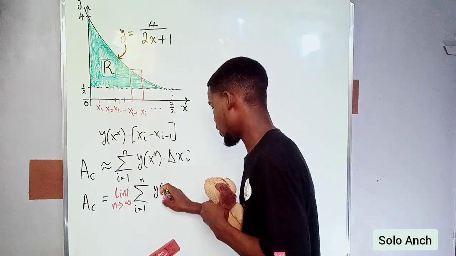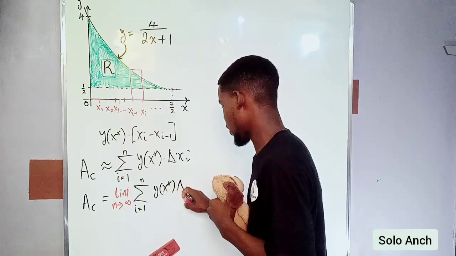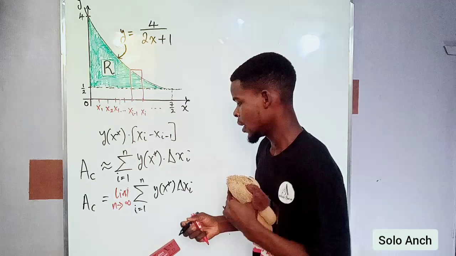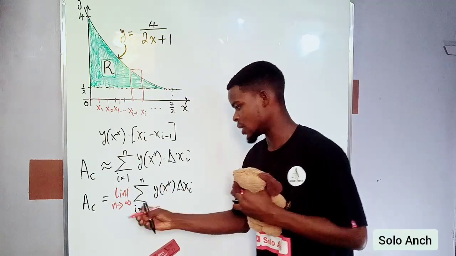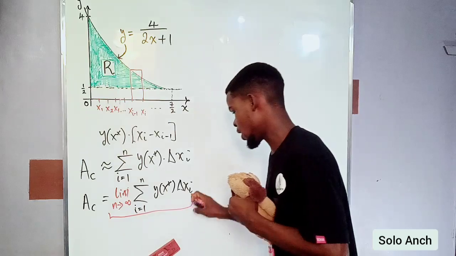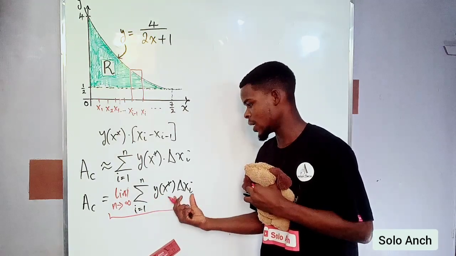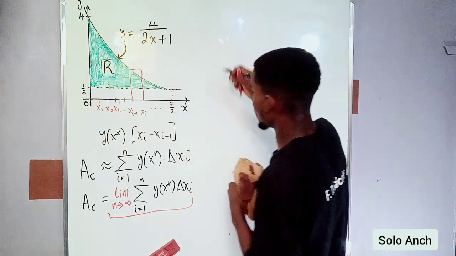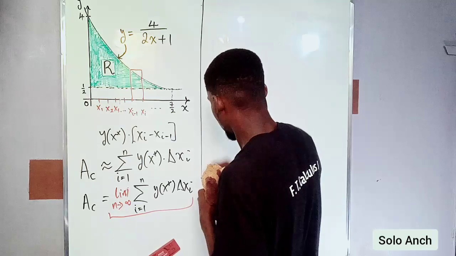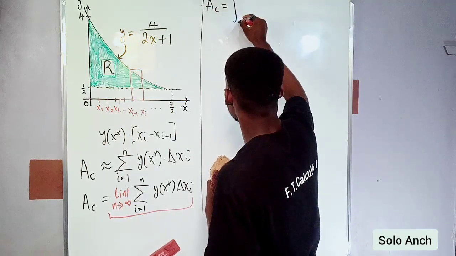So let's say y evaluated at some x star, then we multiply by the change in x i. Good. So that will be the area under the curve. And this right here, we can rewrite using the integral sign as the integral of this function over the x variable as x changes from 0 up to 7 over 2.